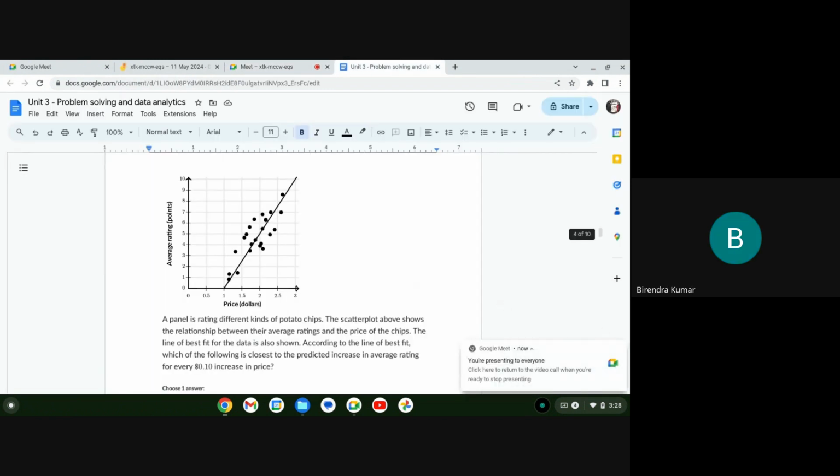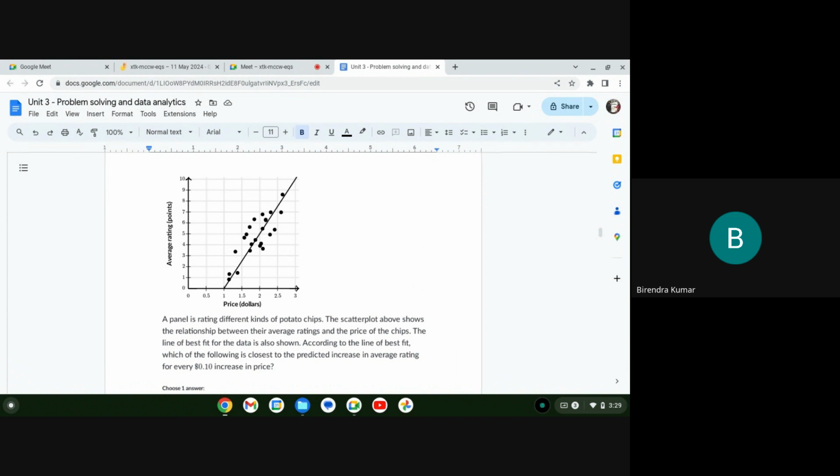Okay, so again, same thing we'll do. This is my scatter plot, which says on the y-axis I have average rating points, and on the x-axis I have price for the chips. So it is rating different kinds of potato chips. The scatter plot above shows the relationship between the average rating and the price for the chips. Every point denotes what my rating is for the given price, and then we see the line of best fit.